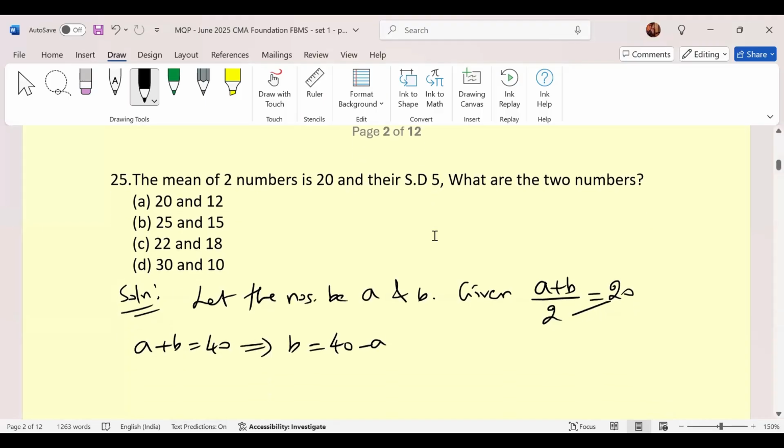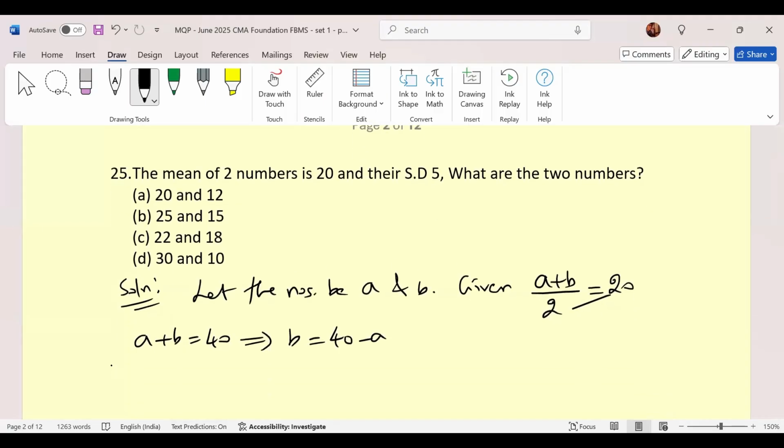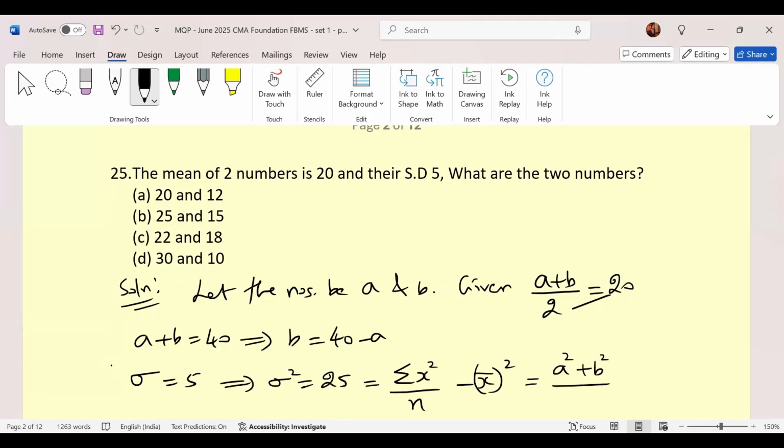Now they give a standard deviation. So sigma is given as 5, which means sigma square is 25. And the sigma square formula is summation of x square divided by n minus x bar, the square. Here summation of x square means it is a square plus b square. There are only two observations.